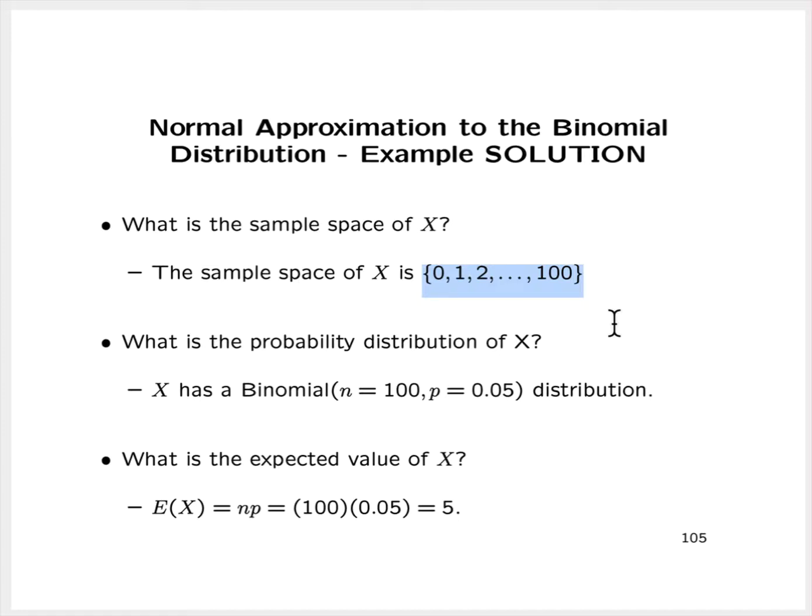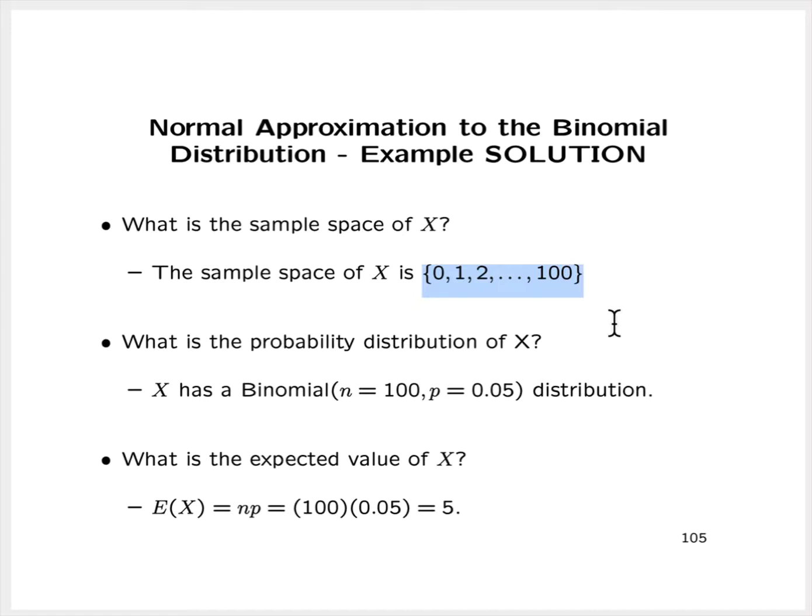Now, what is the probability distribution of X? Well, this experiment is a binomial experiment, and X is counting the number of successes if we define a, quote, success to be getting a defective widget. And so X is counting the number of successes.